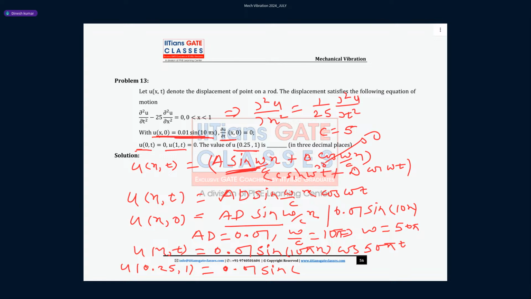So 0.25 into 10 is 2.5 pi. Then cos of, t is 1, so it is cos of 50 pi. So tell me the answer. Sine 2.5 pi is 1 and cos of 50 pi is 1. So what is the answer?